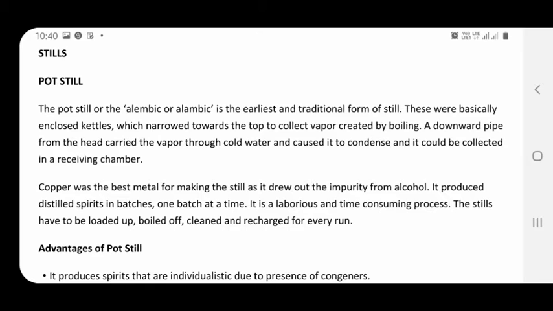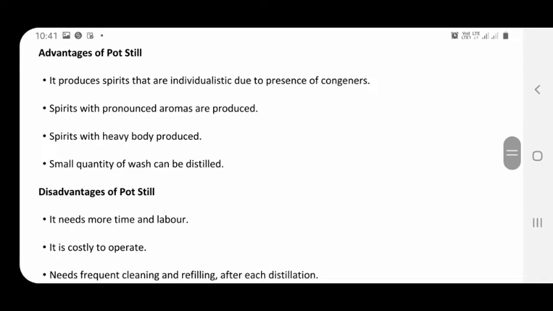There is a term called congeners. So what are congeners? Congeners are substances other than the desired alcohol, ethanol, produced during fermentation. These substances include small amounts of chemicals such as methanol and other alcohols, acetone, acetaldehyde, esters, tannin, and aldehydes, and so on. So these are called congeners.